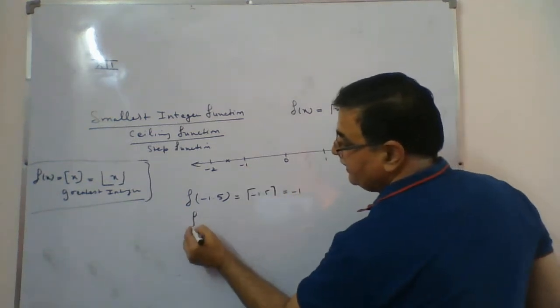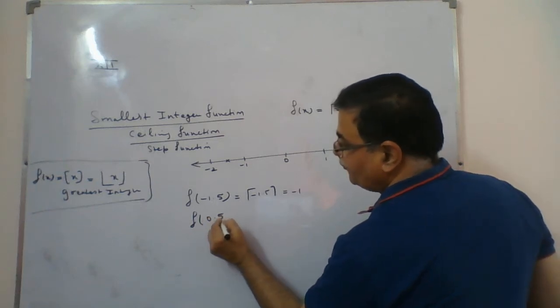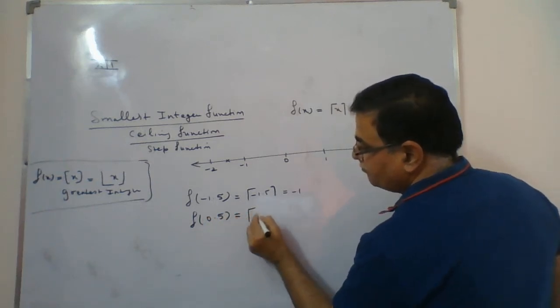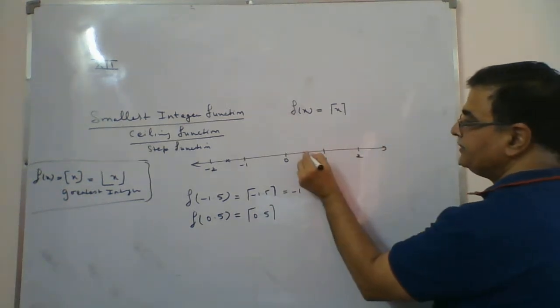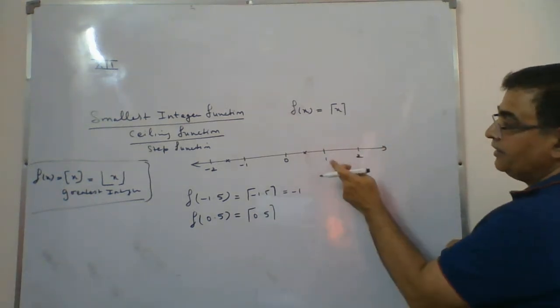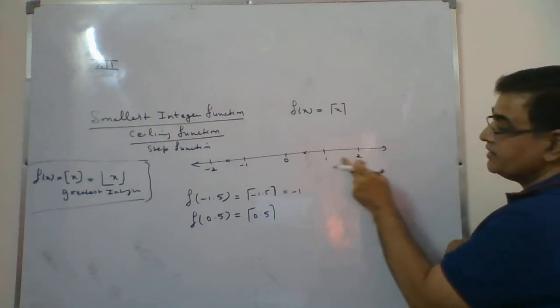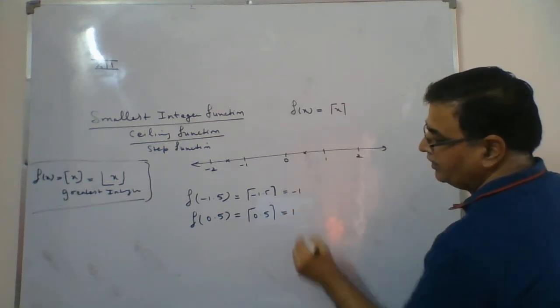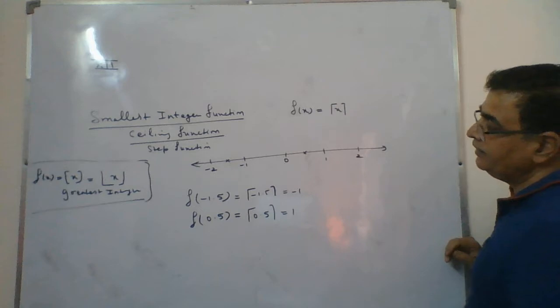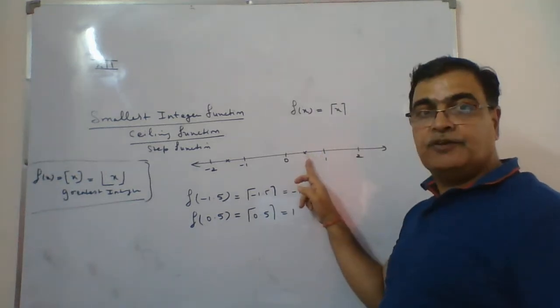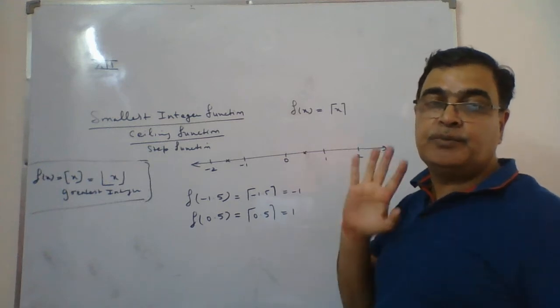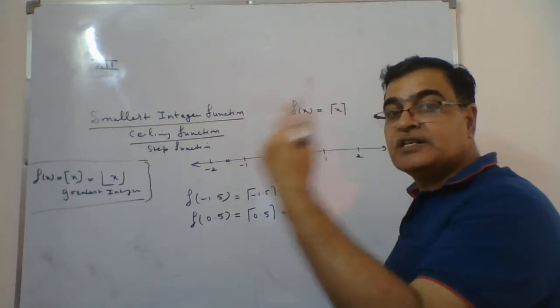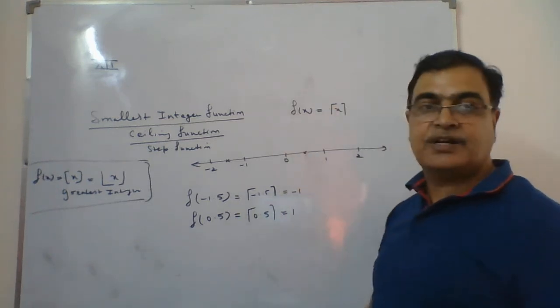In the same way, f of 0.5. 0.5 will be somewhere here. How many integers are bigger than this? 1, 2, 3, and which is the smallest among them? 1. So this time, whatever the point given in the question, its first right integer will be my answer. In the previous one it was the first left integer, but this time it is the first right integer.